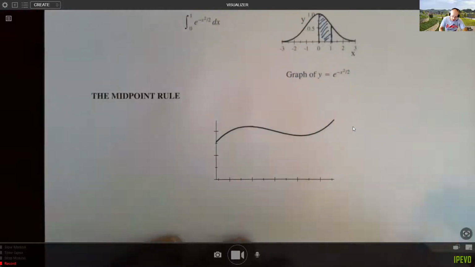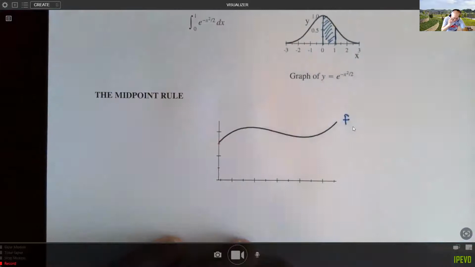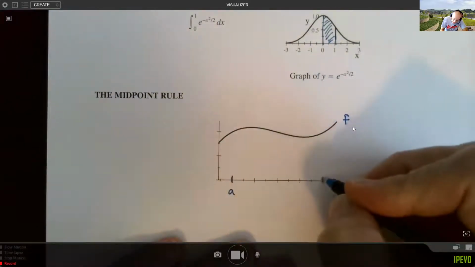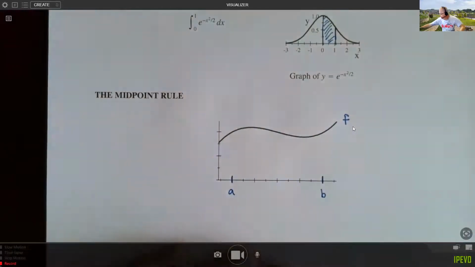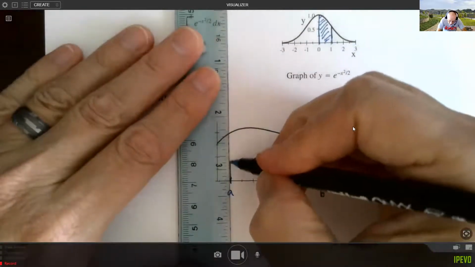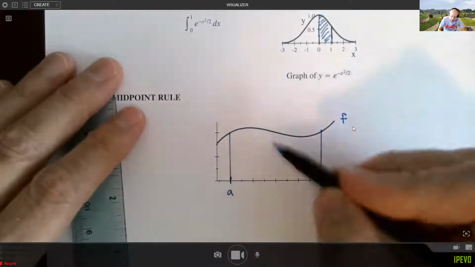So let's look at an arbitrary function. We'll call that f here. And suppose we want to integrate over the interval from a to b. And so we are talking about finding the area, right? I could shade it in, but that area.